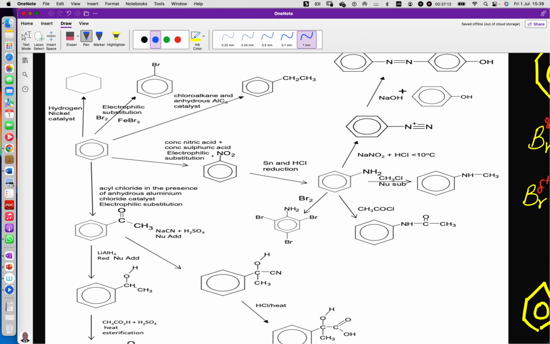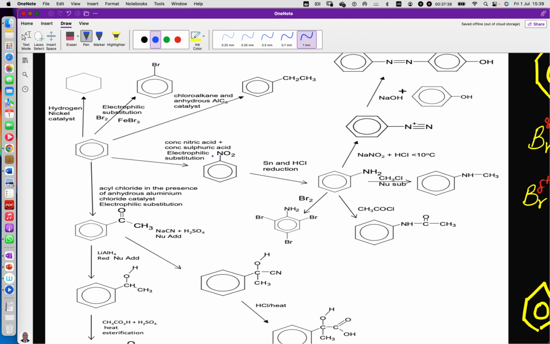The reaction between concentrated nitric acid and concentrated sulfuric acid generates what we call a nitronium ion. That nitronium ion is what we call the electrophile.